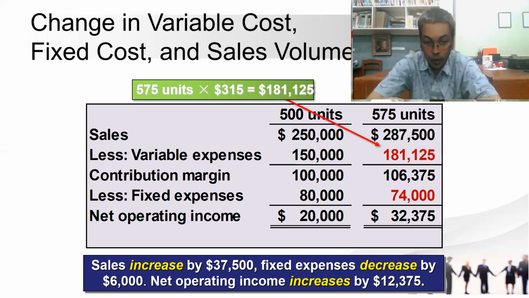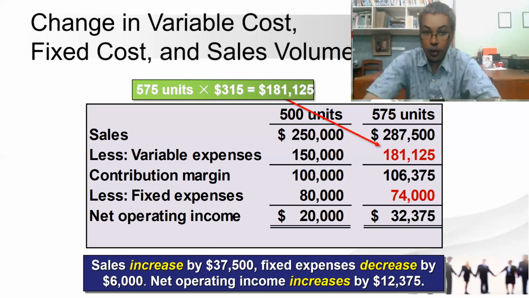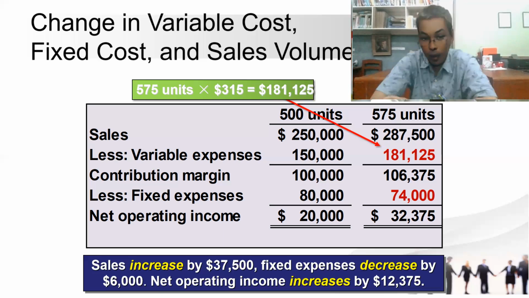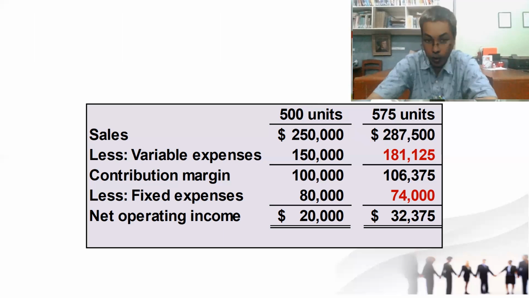Okay, so let us use that, and therefore our net operating income increased still by 12,000. So our salary of 6,000 per month is too high. Okay, we can just pay a commission per bike sold. Okay, how many salespersons do we have?